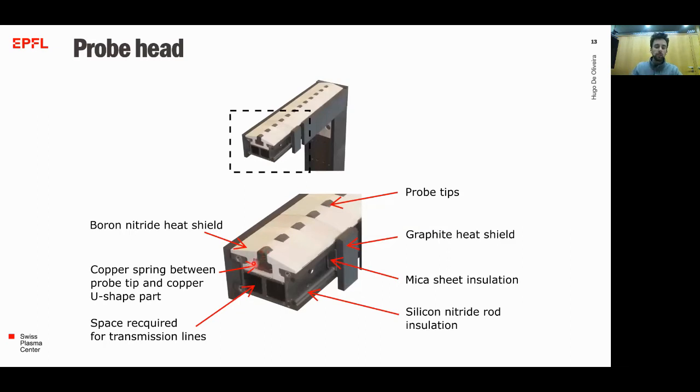And then here we have a copper connection to the transmission line. The transmission lines are hosted in this empty space along the horizontal part. And finally, on the sides, you have the graphite thermal shields that are slid in between those two rods. And in between them, there are some mica sheaths as well for electrical insulation.